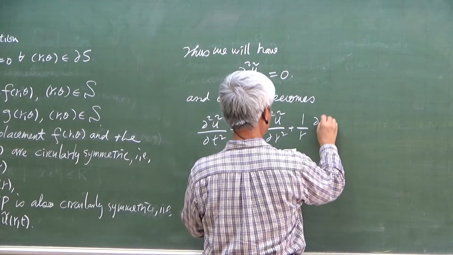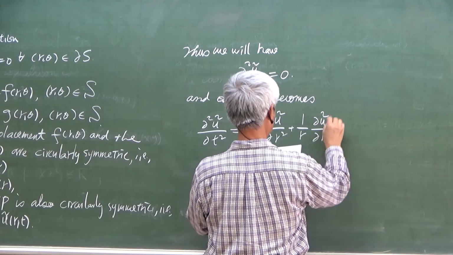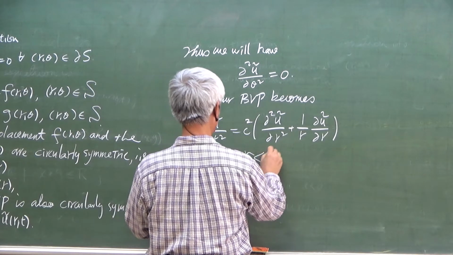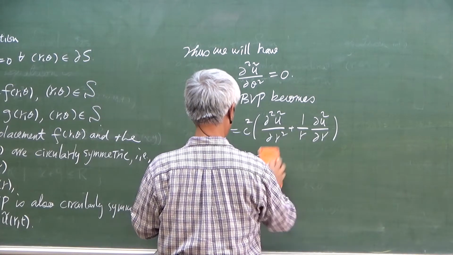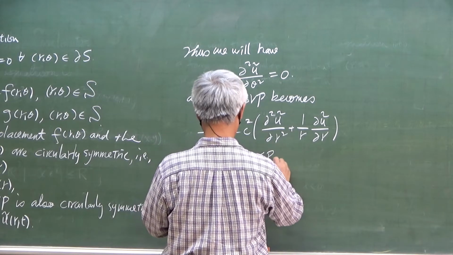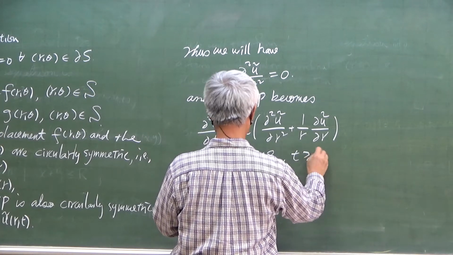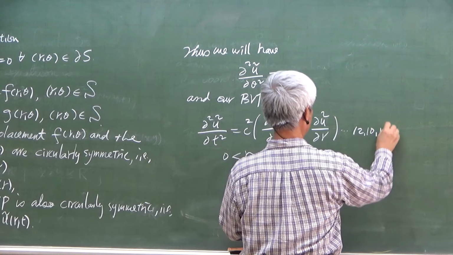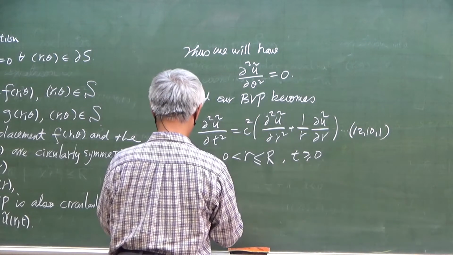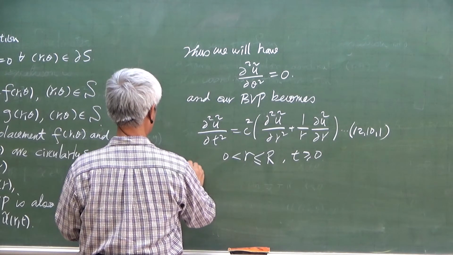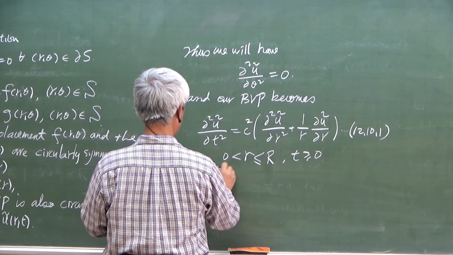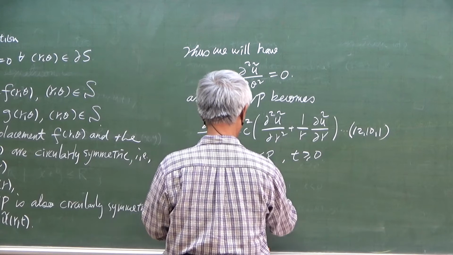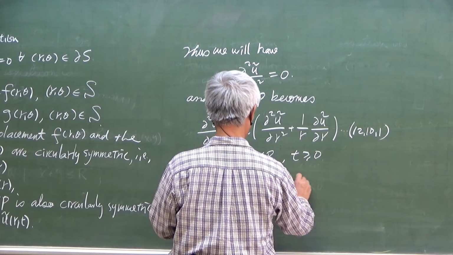for r from 0 to R and t greater than 0. So this is our 12.10.1, with a boundary condition u tilde(R, t) equals 0.